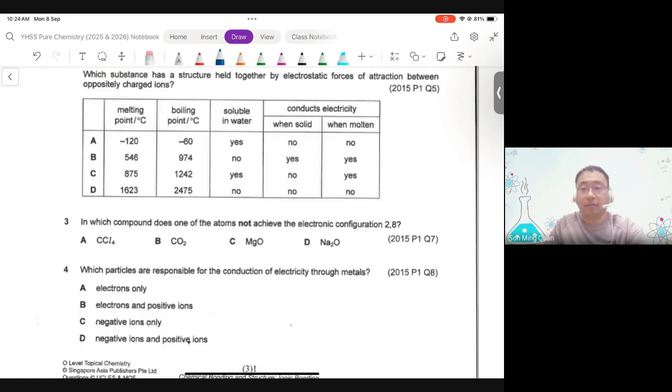Okay, question 3. It's a rather split vote. Waiting for 2 more students to vote.